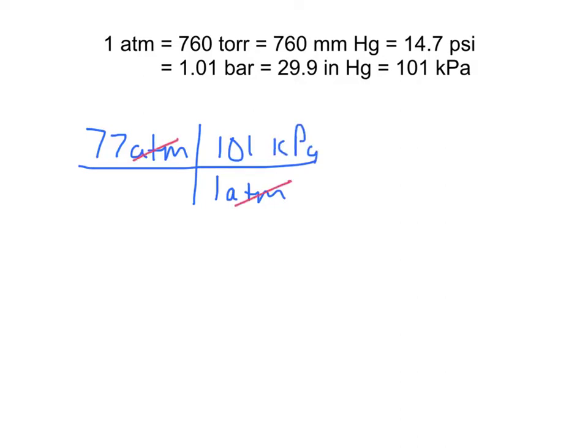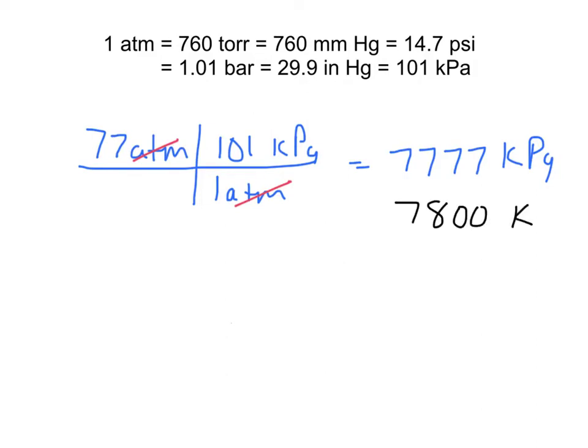I could take my calculator and multiply through here, and I would get 7,777 kilopascals, or basically, to 2 sig figs, 7,800 kilopascals, or kPa. So you need to be able to go back and forth between any of them.